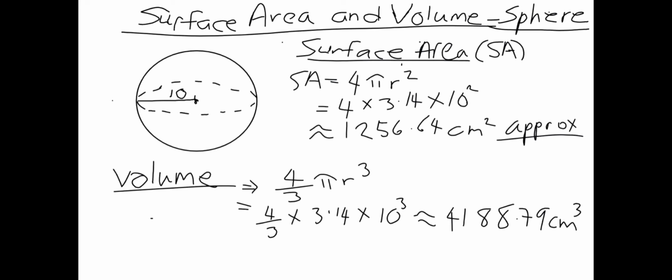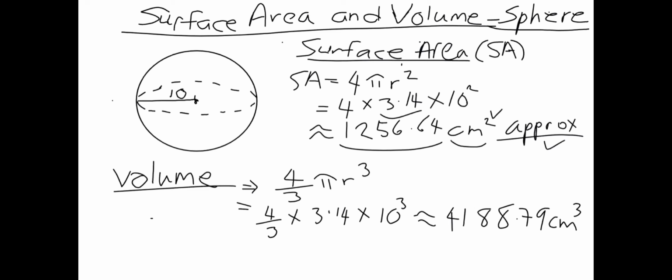We also have to determine the length, which is the radius from the center to the circumference. So when we do this calculation, and again, 3.14 is just a 2-place decimal value of pi, we're going to end up with 1,256.64 centimeters square. Again, it's approximated, and square because it's a surface area.